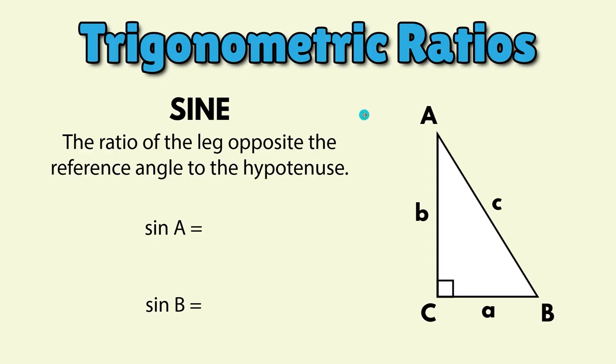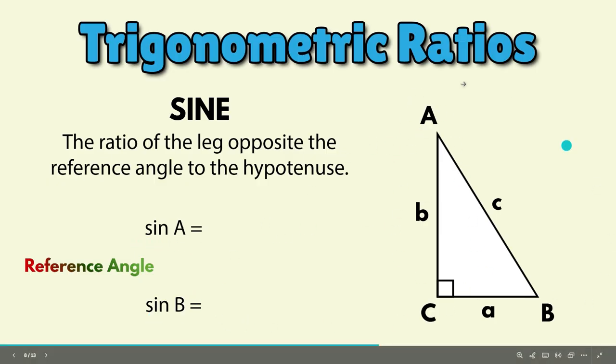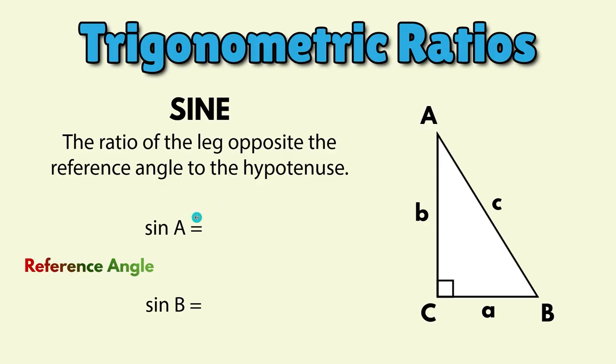So what do I mean by reference angle? They're going to ask us to find either sine of A or sine of B in this example. So sine of A is going to be the ratio of the leg opposite the reference angle to the hypotenuse. So A is going to be our reference angle here, so we'll put a little arc there to indicate that.